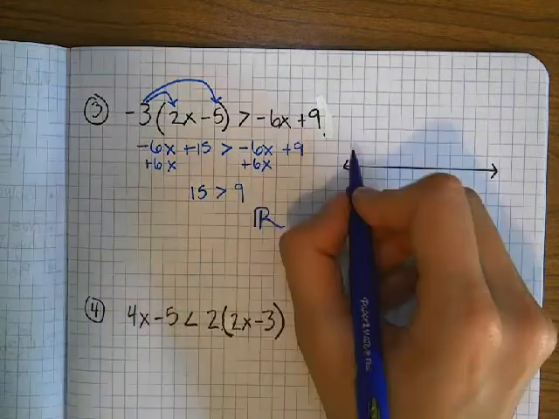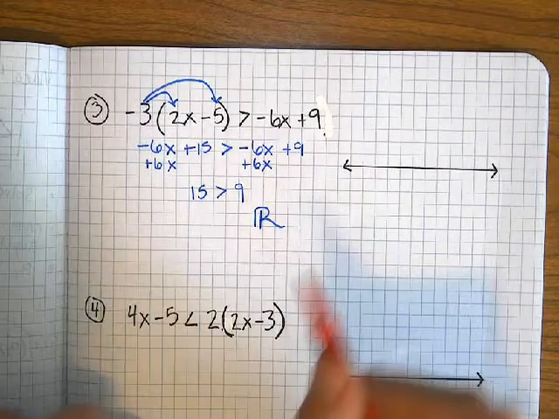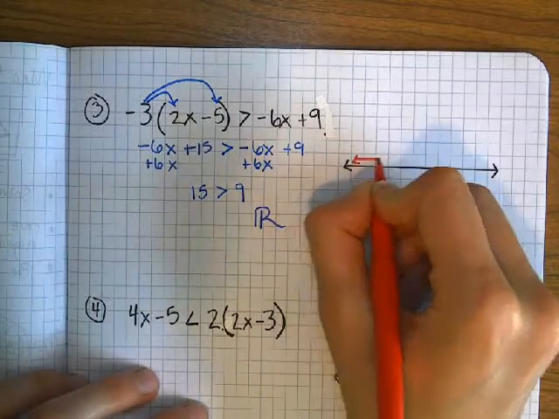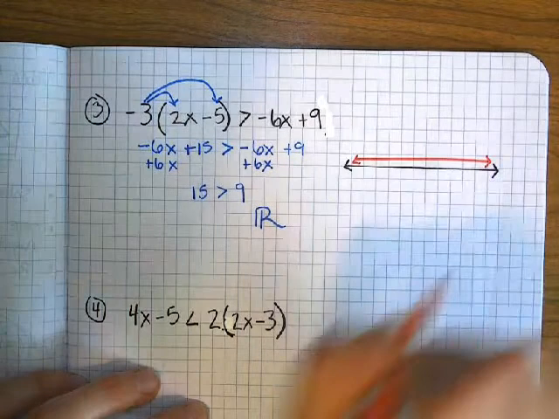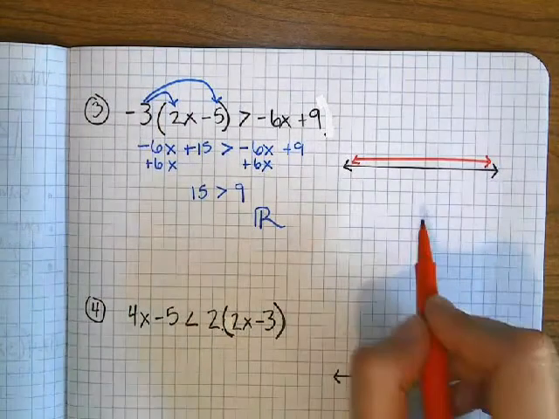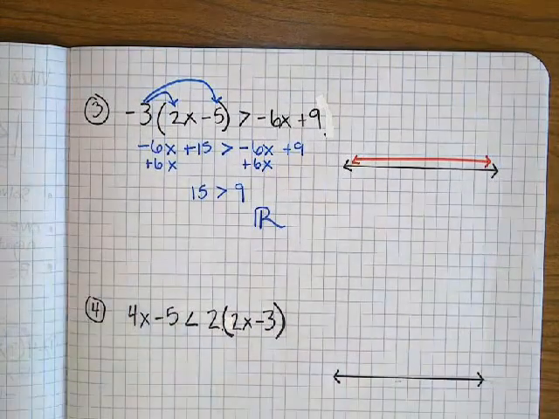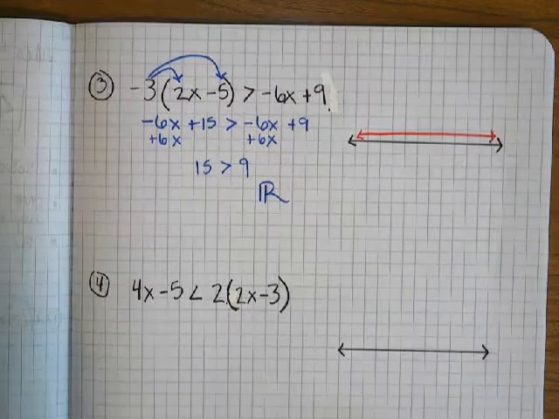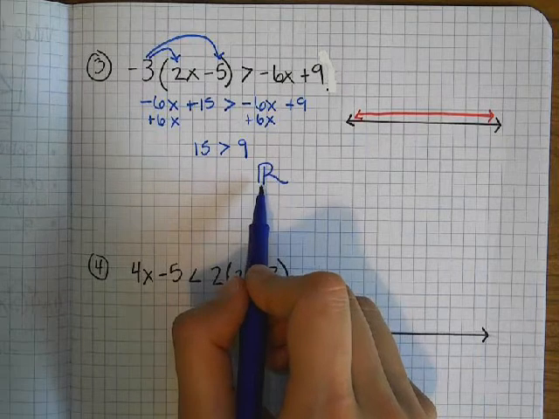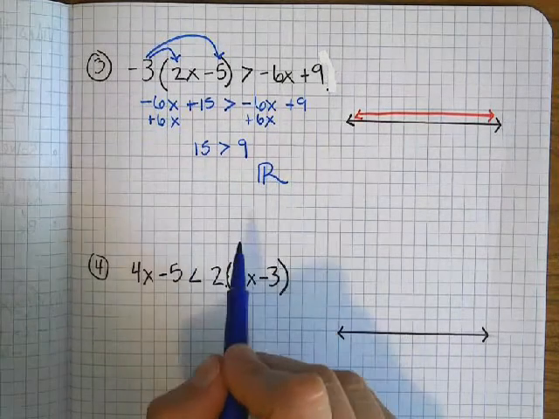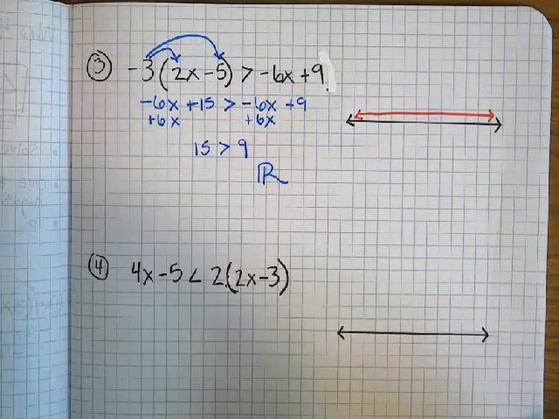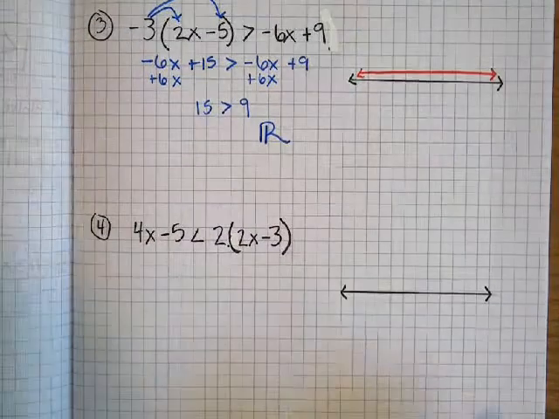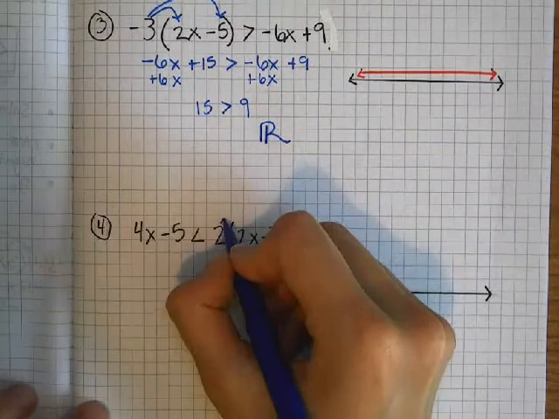For this, I would accept this as your answer, and when you would draw a number line, it would just be everything on the number line. I don't even put a number down because I just know it's going to be everything. Your teacher might have you do different, but that's how I do these problems. Remember that all real numbers, that's what we looked at in video 4. That's a type of solution.